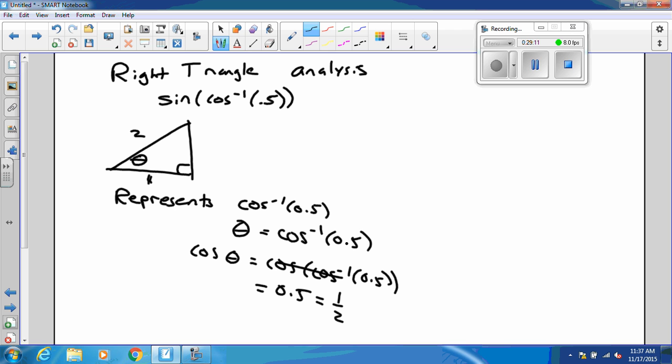Okay. Now what I want is the sine of that angle. And the sine of that angle is opposite over hypotenuse. Well, I don't know the value of the opposite side, but I sure could figure it out, couldn't I? Pythagorean theorem. Bingo. Everybody figure it out. That is a 1, and this side is square root 3.